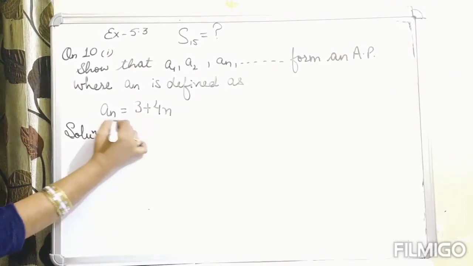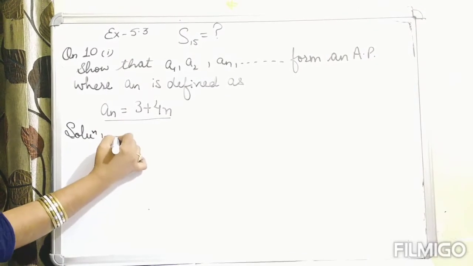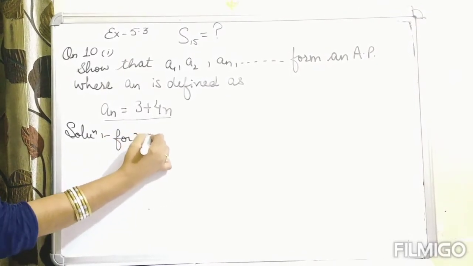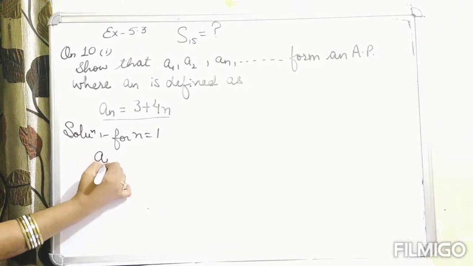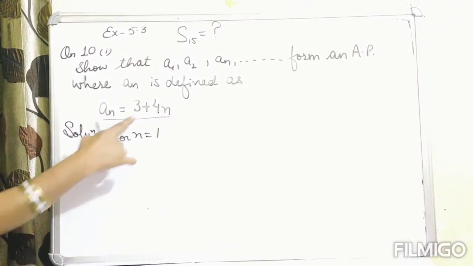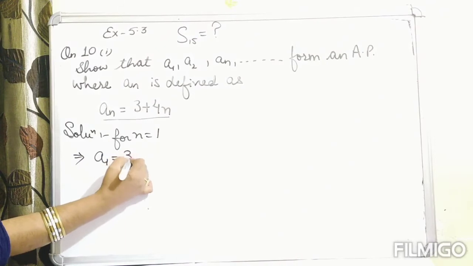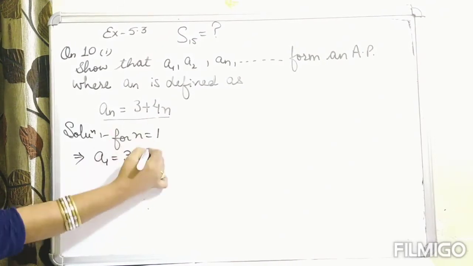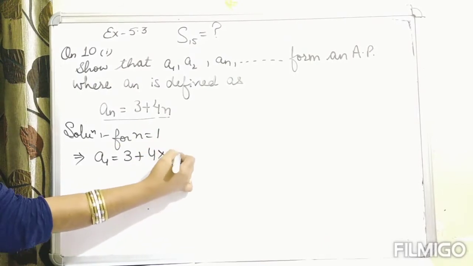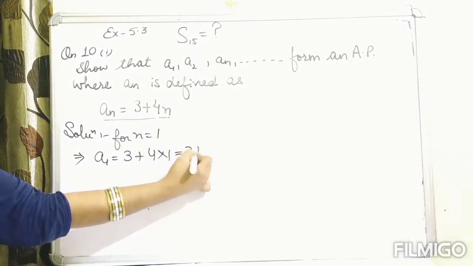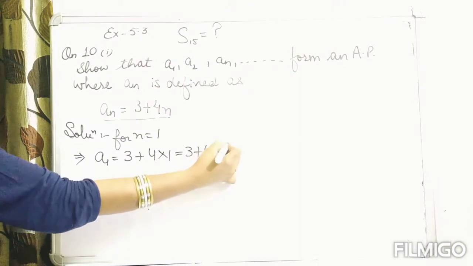So, if an is 3 plus 4n, so for n equal to 1, if I am putting here n equal to 1, it will be a1. This implies a1 equals 3 plus 4n, n means 1, so 4 into 1, this will be equal to 3 plus 4, that means 7.